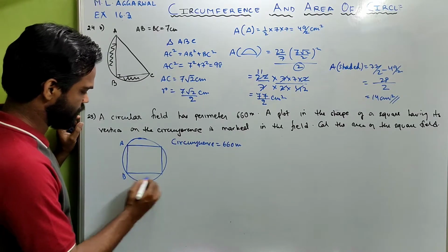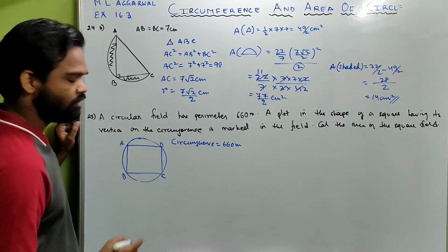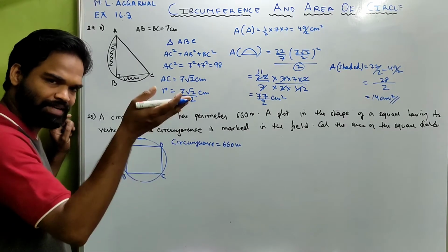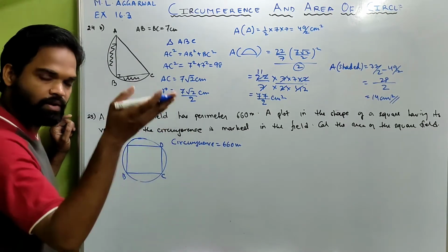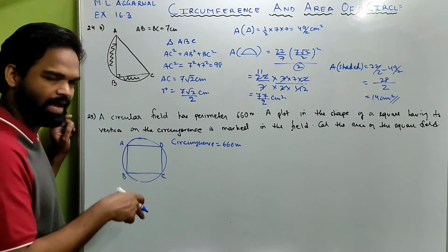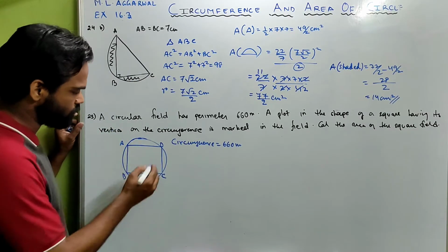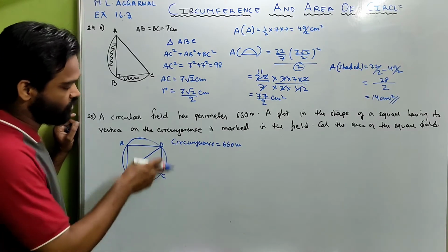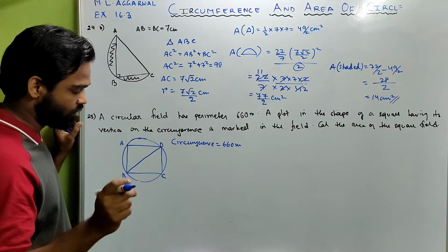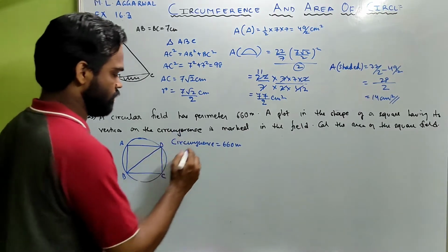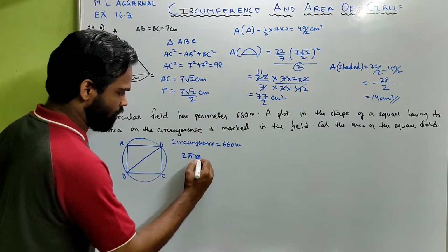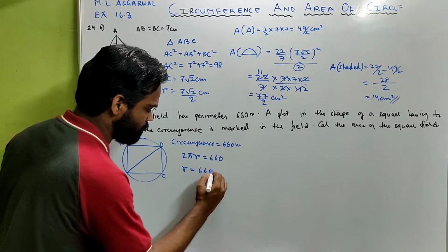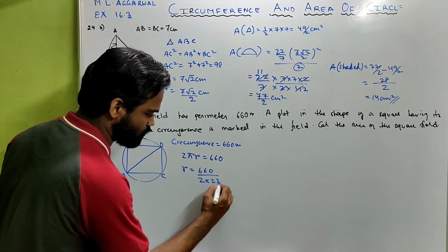A, B, C, D. We have just done a sum like this. It was a rectangle where the diagonal of the rectangle was equal to the diameter of the circle. In this case also, the diagonal of the square is equal to the diameter of the circle. First of all, we can say 2 pi r is equal to 660, which means r equals 660 by 2 pi, where pi is 22 by 7.